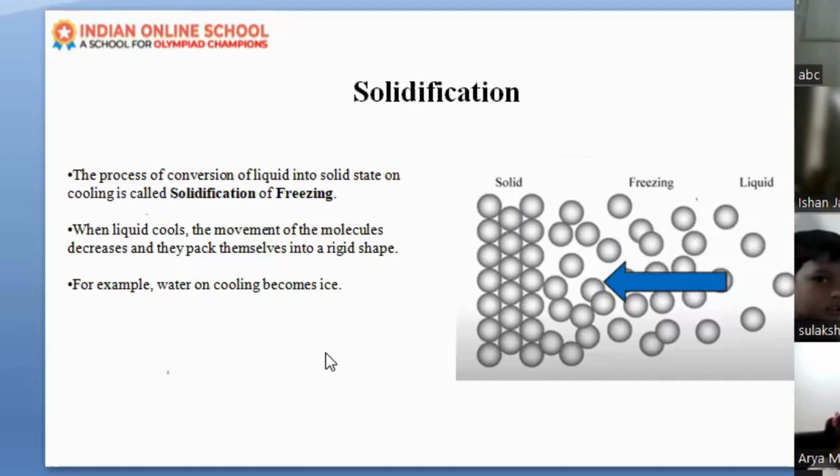That is why they form such a pattern. During heating, what would happen? Ma'am, they gain kinetic energy and they lose their bonds and start melting. Here, due to cooling, what would happen? They would release energy. Exactly.